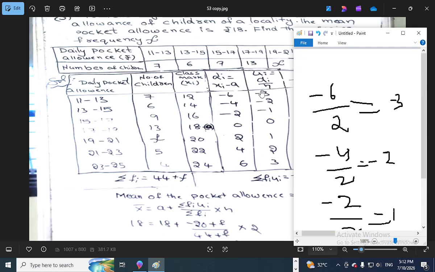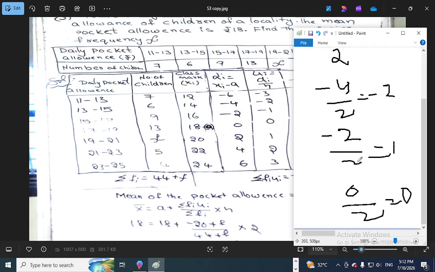Here minus 3 is the first class step deviation. By calculating minus 4 by 2, we get minus 2 as the next class step deviation. The next class step deviation we observe here as minus 1, by calculating minus 2 by 2.